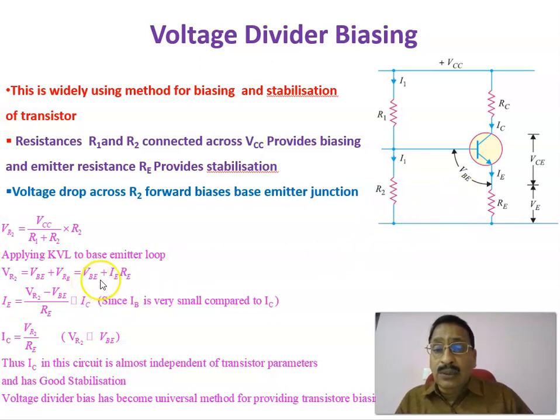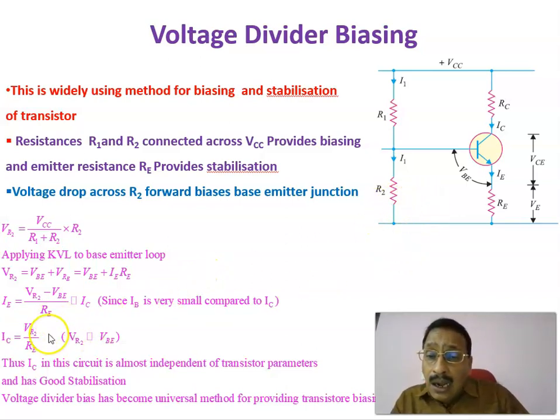Therefore, VBE plus IE into RE equal to VR2. Or you can say that IE equal to VR2 minus VBE divided by RE.